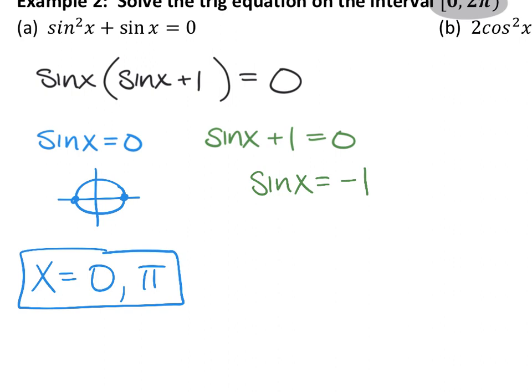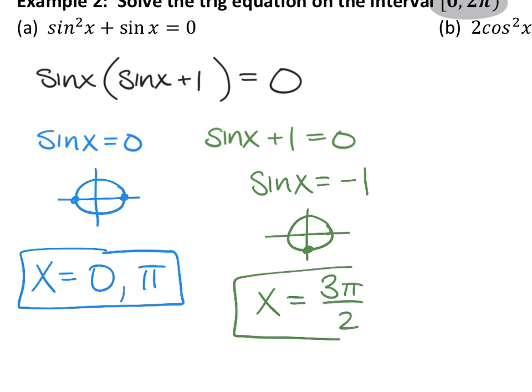And now that it says sine of x equal to some number, now I look at either the chart or the unit circle to find some things I recognize. There's only one place where sine of x is equal to -1. And we've already answered this one as well. Well, where is it? 3 pi over 2. So this question has 3 answers. There are 3 places where this equation would be true.